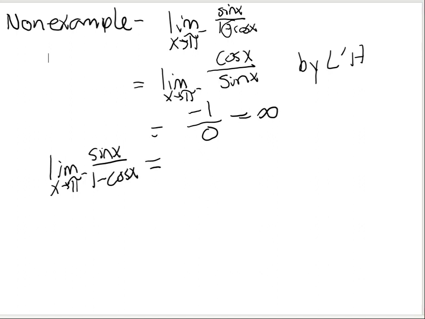Well, it's going to be sine of pi is 0 over 1 minus -1, which is 1 over 2 or 0. So this non-example shows that you need that indeterminate form, that 0 over 0 or infinity over infinity, to actually use L'Hopital's rule.